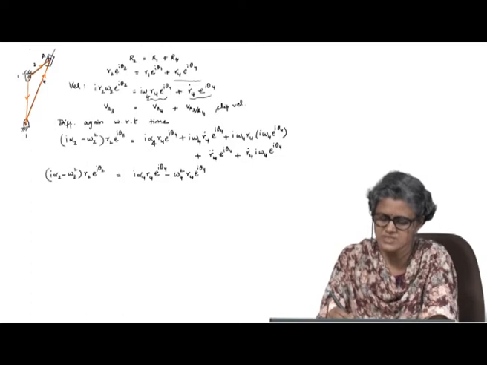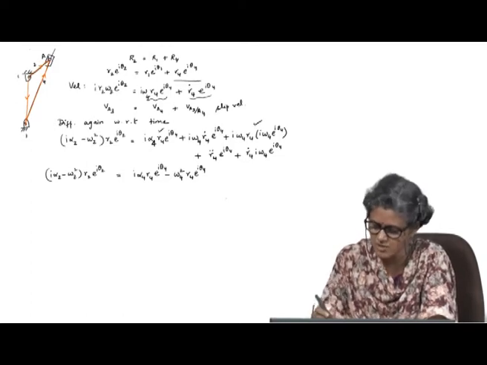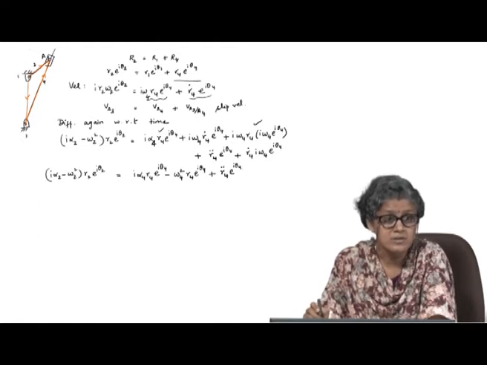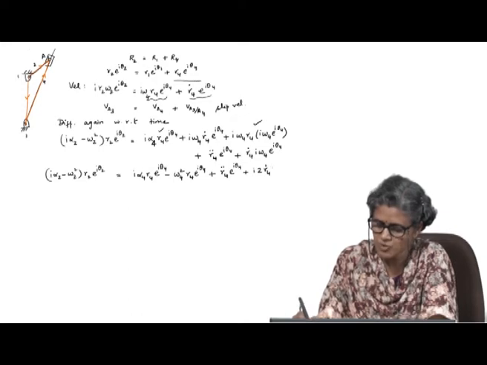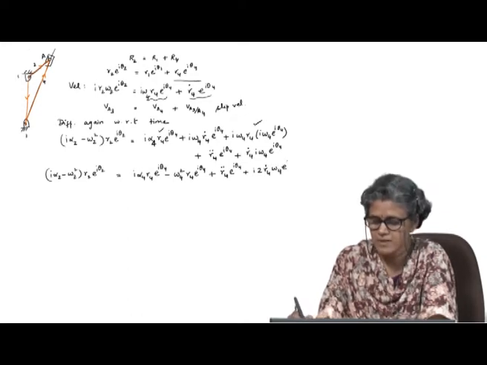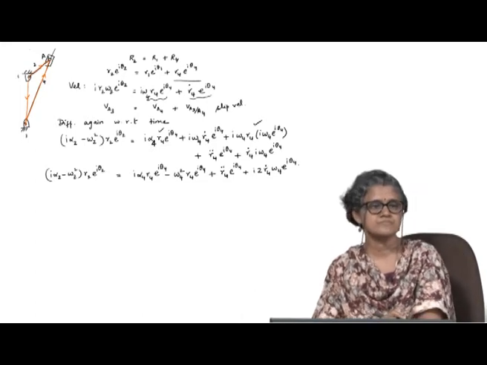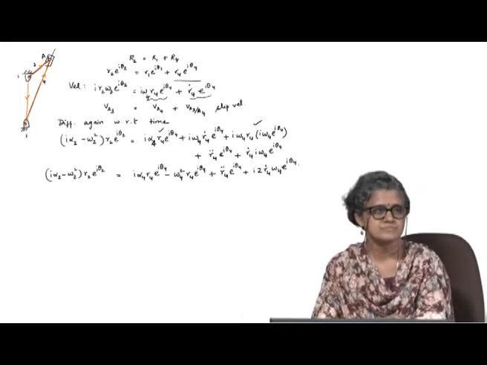Grouping this and this, so this is taken care of. Then I get R4 double dot e power i theta 4 plus, if I add these two, 2i R4 dot omega 4 e power i theta 4.